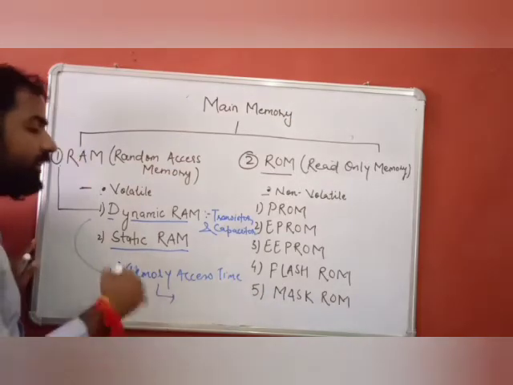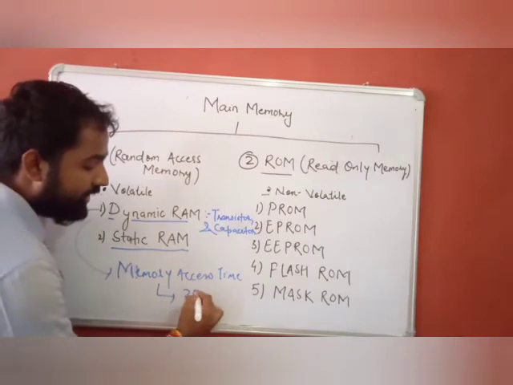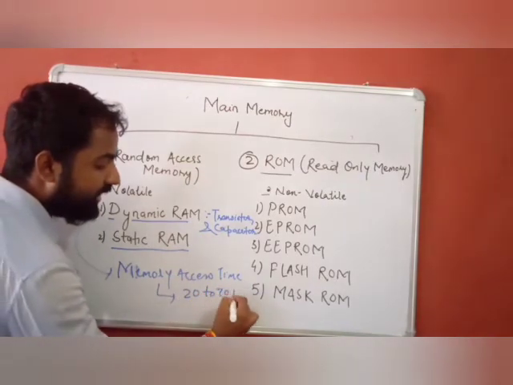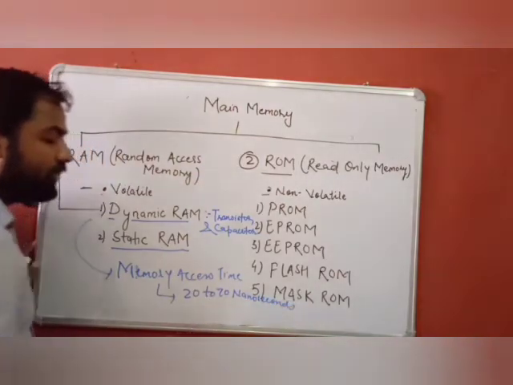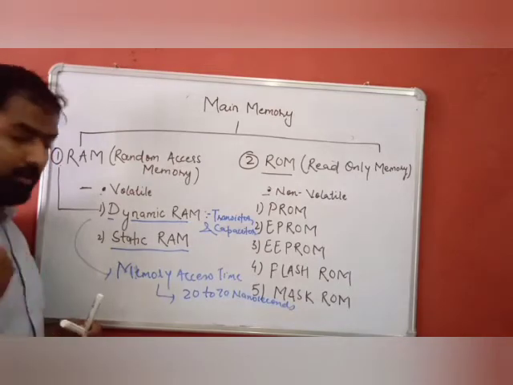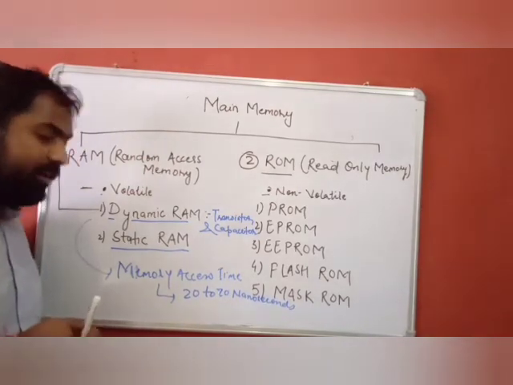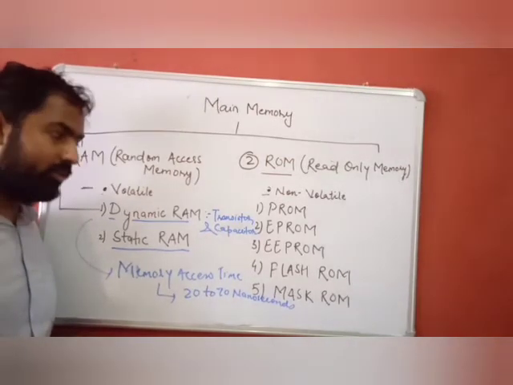The new generation dynamic RAMs have a memory access time of generally 20 to 70 nanoseconds. Whatever new generation dynamic RAMs are in the market, their memory access time ranges between 20 to 70 nanoseconds. Got it?